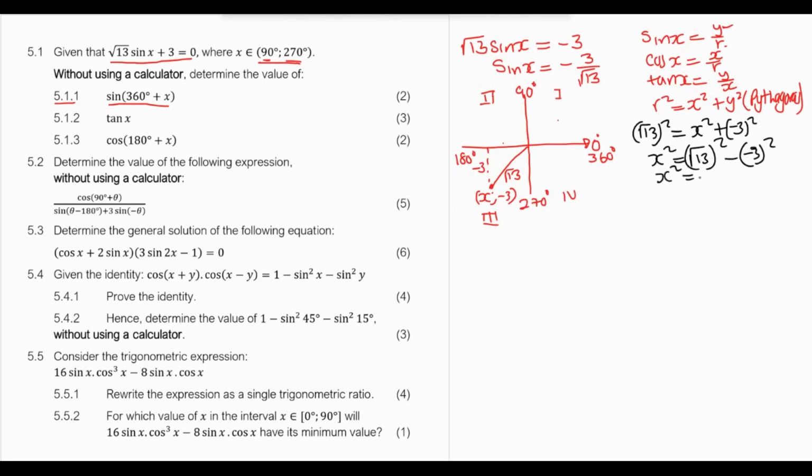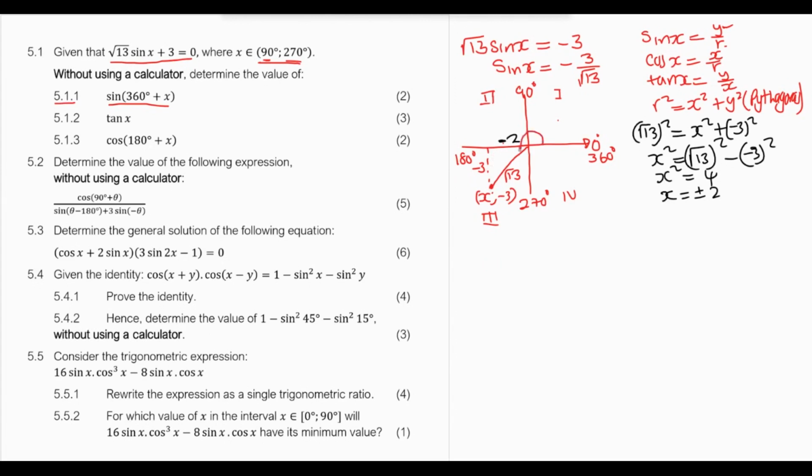So x squared is equal to 4. Square root both sides. X is equal to positive or -2. But since it is quadrant 3, x is negative. So this is -2.